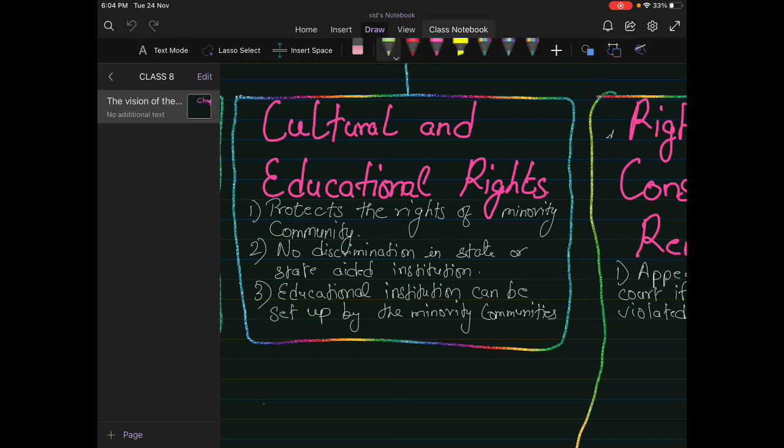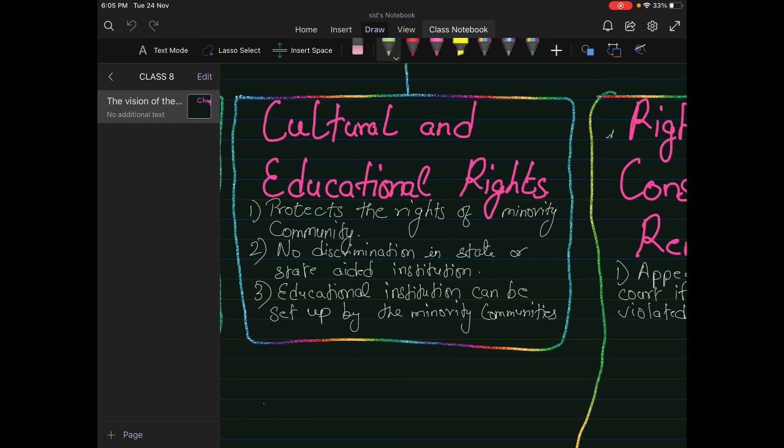This protection is given by cultural and educational rights. And number two is no discrimination in the state or state aided institutions. For example, whenever you go for your further studies, you will not be discriminated against. If you are discriminated against, this cultural and educational right will safeguard your right.